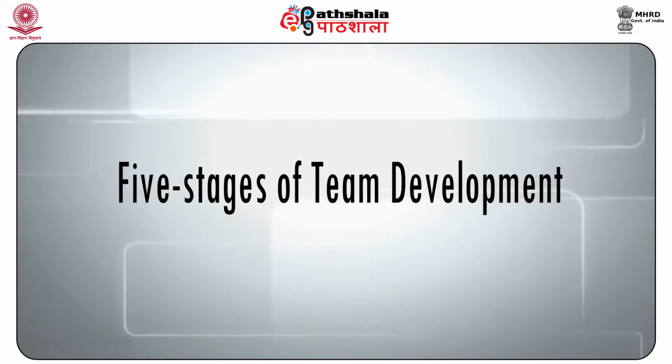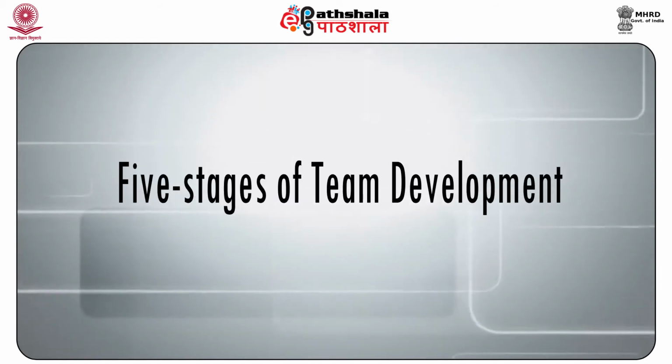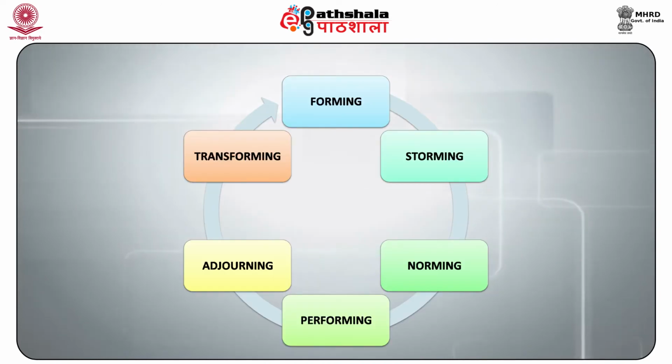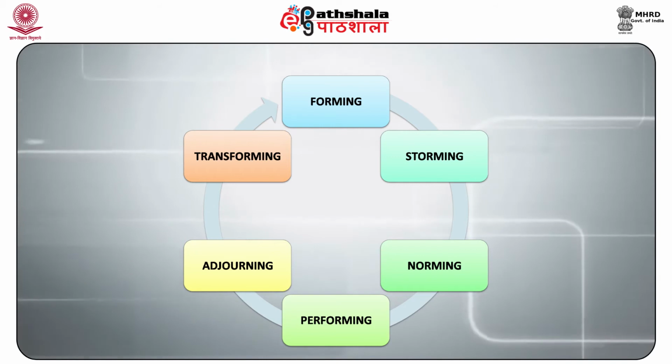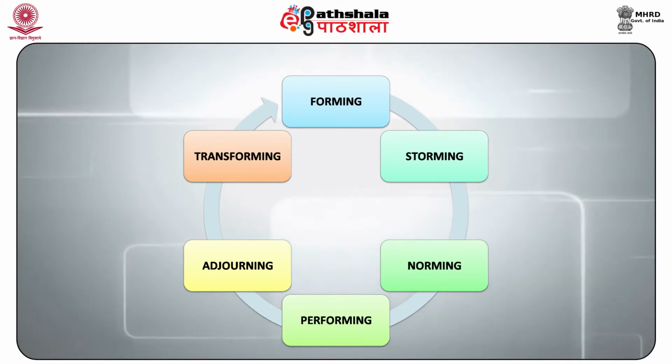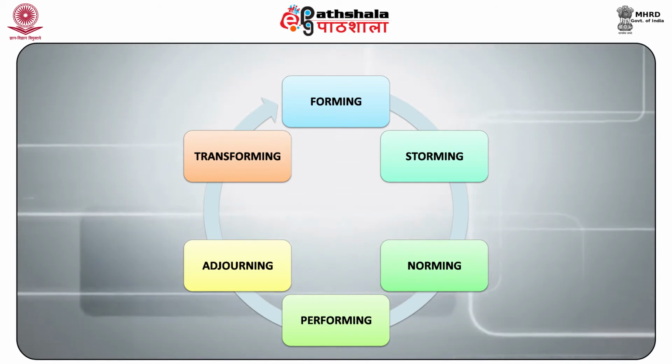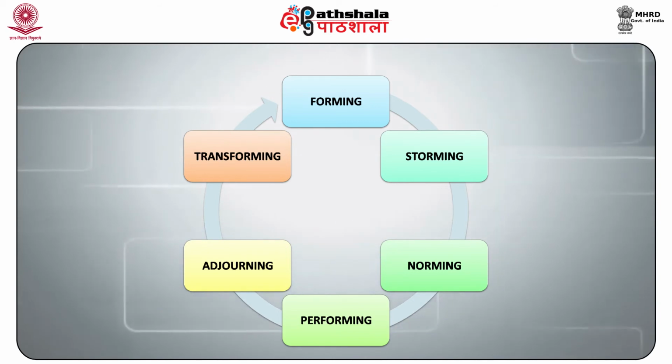Now, we shall discuss the 5 stages of team development. It takes time and effort, but it is worth working through the 5 stages of team development. Bruce Tuckman defined the 4 main stages of team development in order as forming, storming, norming and performing.